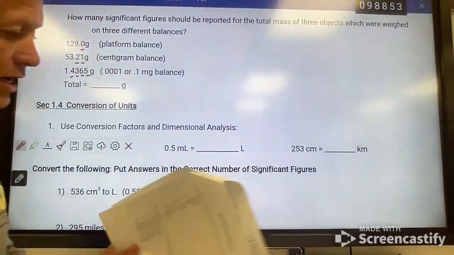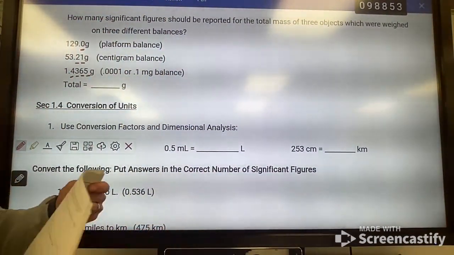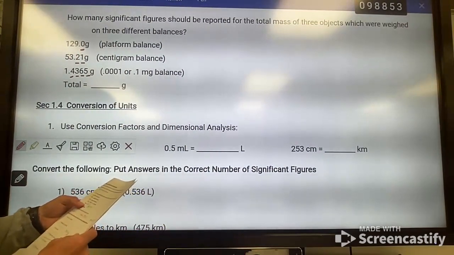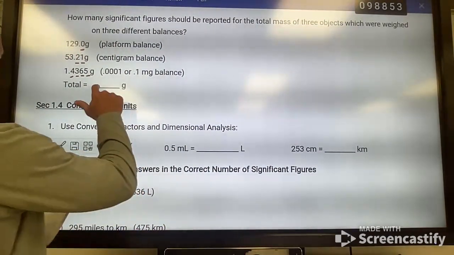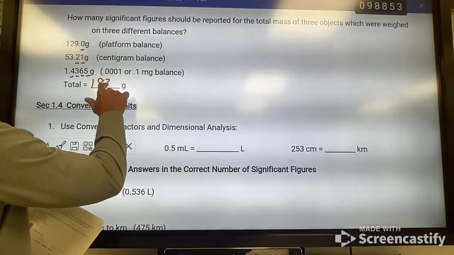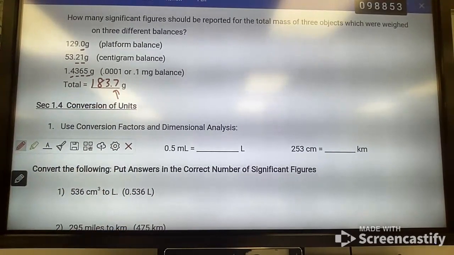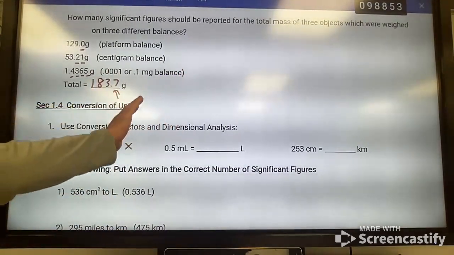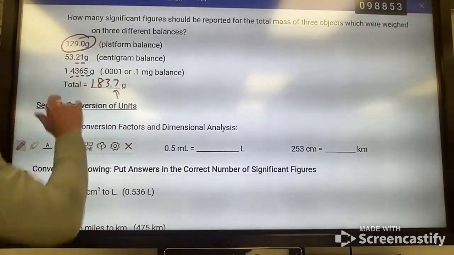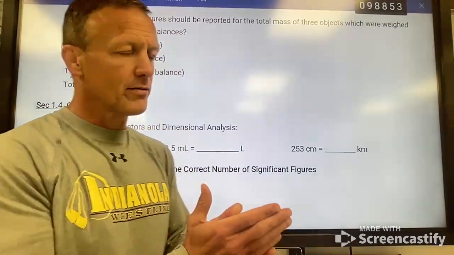So if we add those up, you end up with about 183. I don't know if it's 0.6 or 0.7, one of those two. We can only have 1 digit beyond the decimal point. So we get rid of any others beyond there, round to that spot right there, because this only has 1 digit beyond the decimal point. Not a lot of times. We're usually multiplying or dividing.